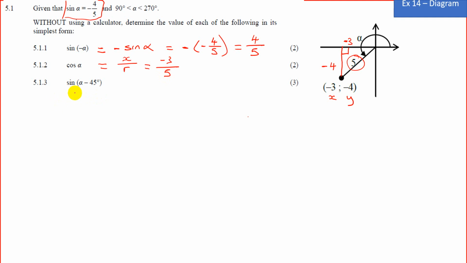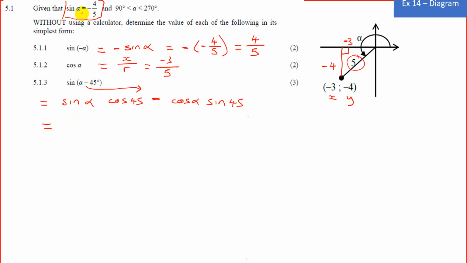Coming to the last one, we will use the compound angle formula again to split that up. Sine, cos, sine. The angle we're working with is alpha and 45. And remember, if it's negative, your sign stays the same. It will stay as a negative. If we look at our diagram, we have found sine alpha.